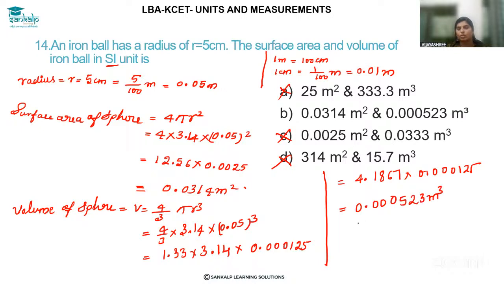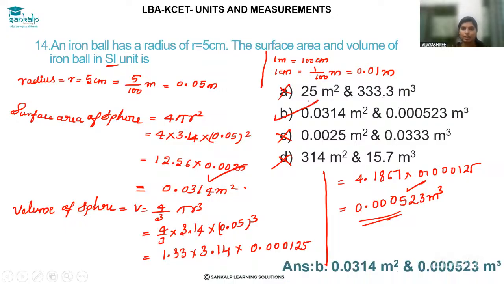The volume is equal to this much. So the right answer should be area equal to 0.0314 meter square, volume equal to 0.000523 meter cube. So option B is the answer here. Thank you.